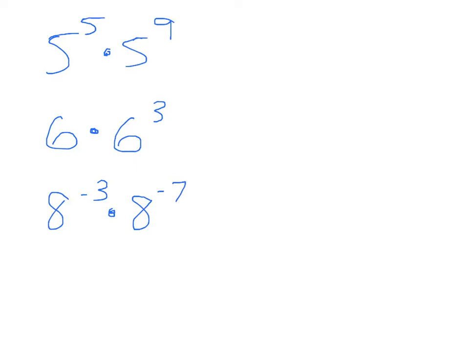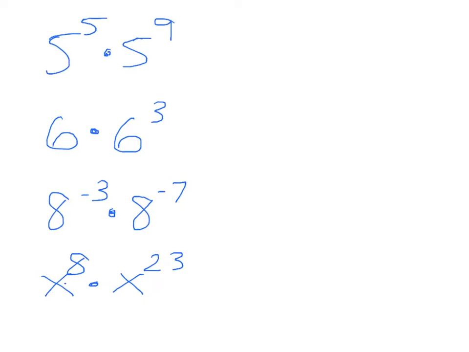And finally, let's do, no, let's not do that one. Let's back up for a second. Let's do x to the 8th times x to the 23rd. Okay, so pause the recording and see what you come up with for your answers.